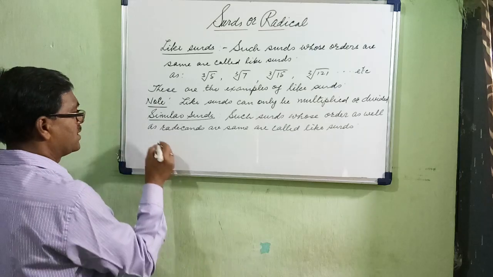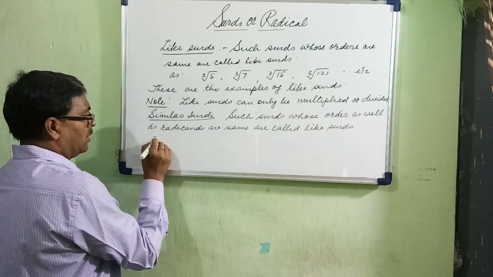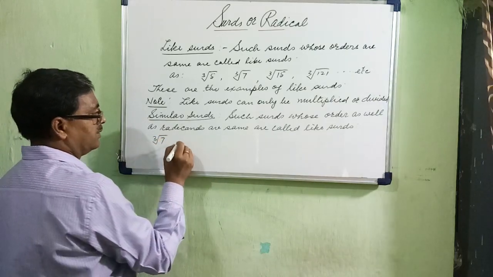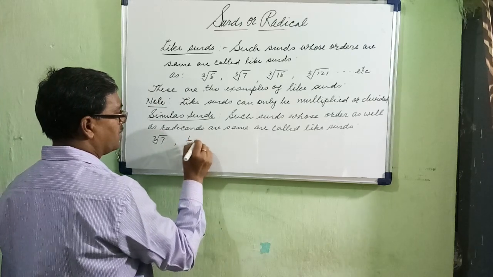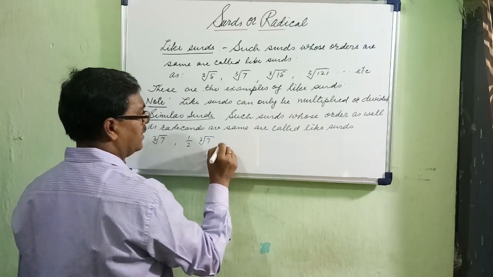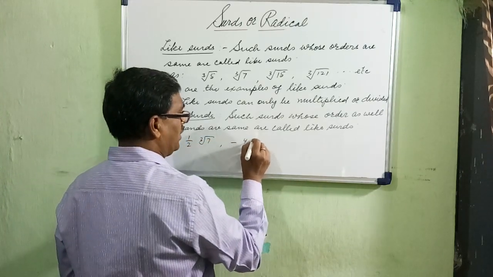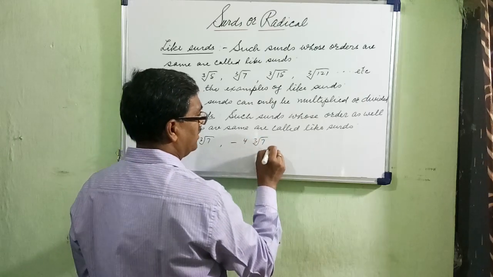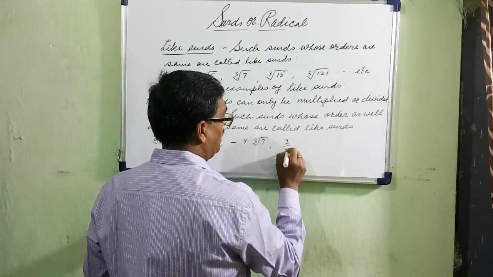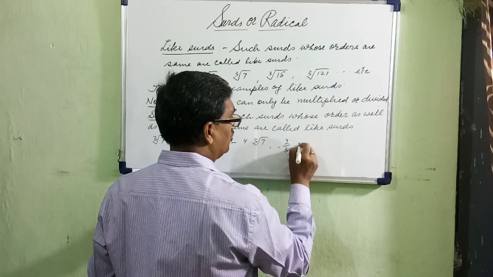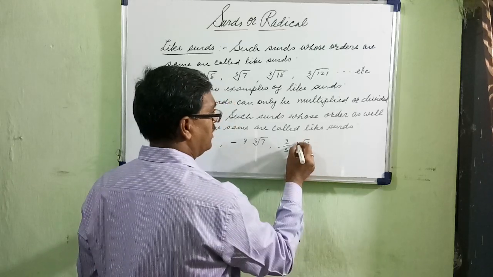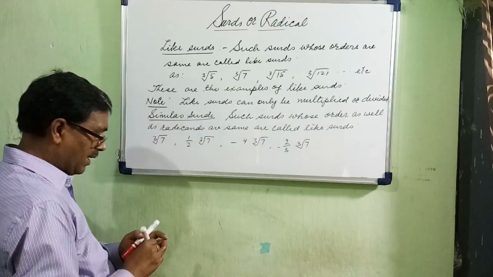How? Let us see. Cube root of 7, half cube root of 7, minus 4 into cube root of 7, 2 by 3 minus 2 by 3 cube root of 7. What do you notice?